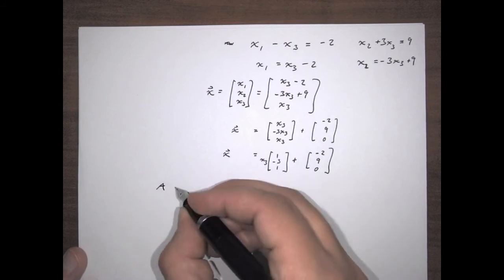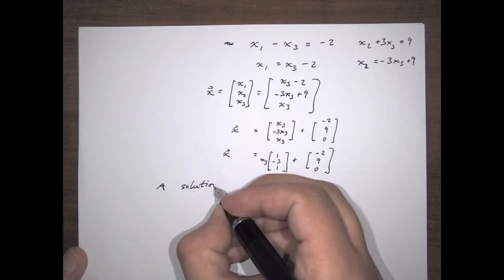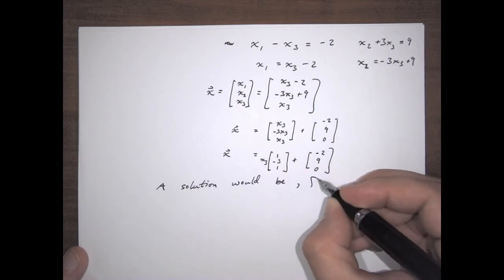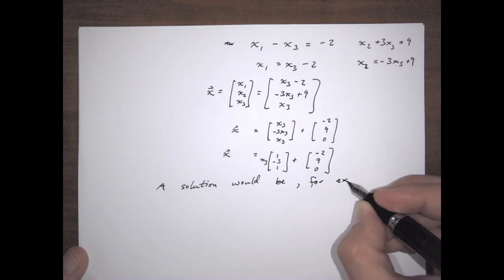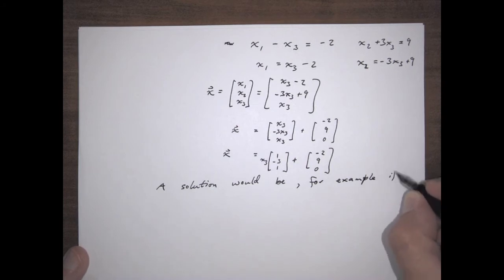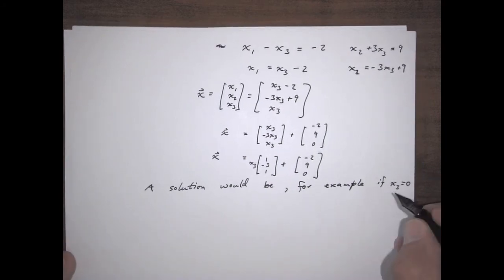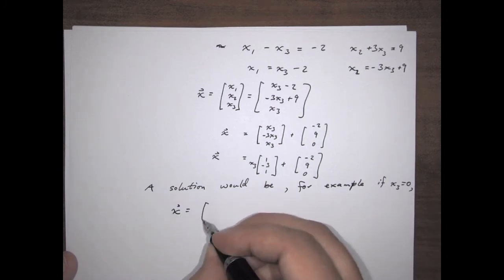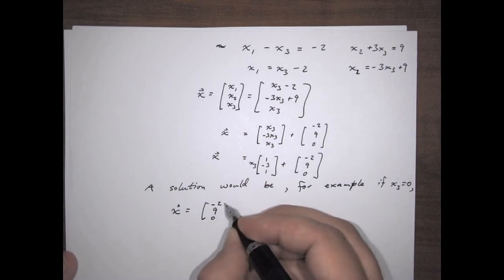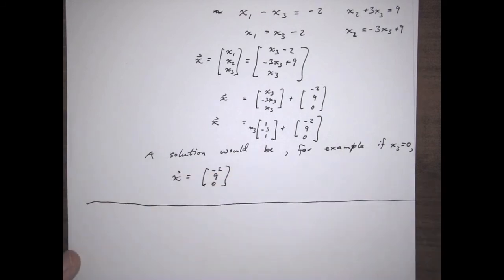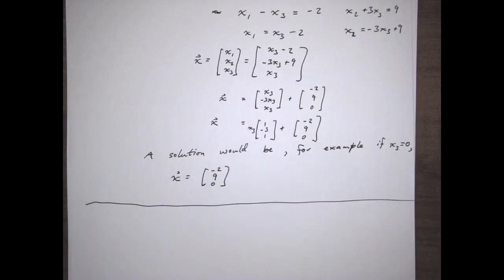So a solution would be, for example, if x3 equals 0, x equals (-2, 9, 0). So this would be a solution, but any other solution would have this form right here.